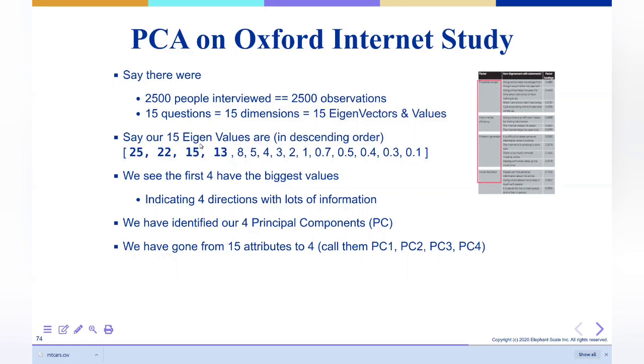Just for argument's sake, the first one captures 25% of the original data. That's not bad, right? But if I add a second one, that captures another 22% of the data.